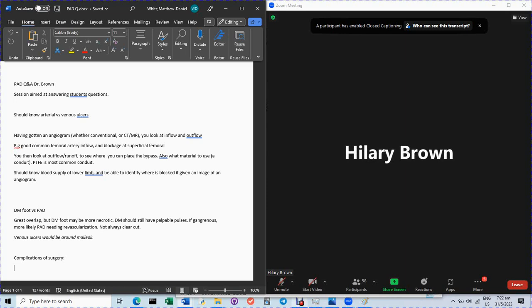If you're talking about post-op complications specific to bypass grafting, our most feared complication is thrombosis of the graft. You can get thrombosis of the graft at any point, really.